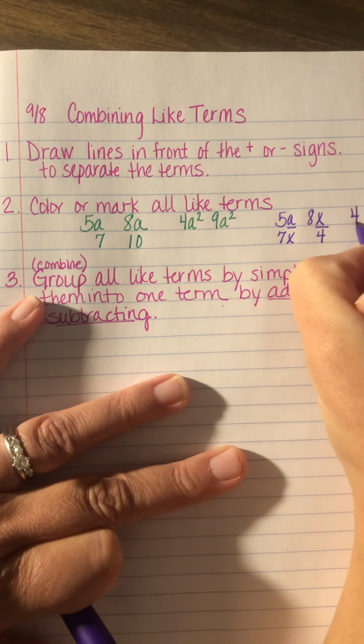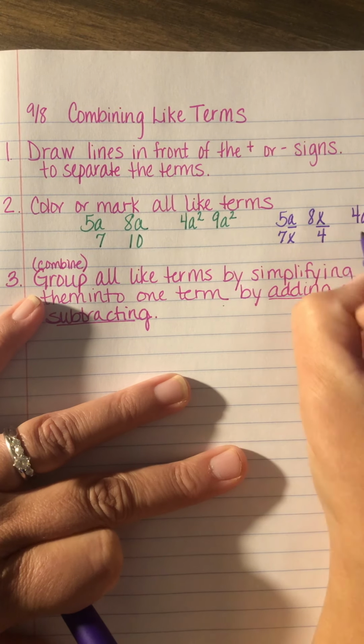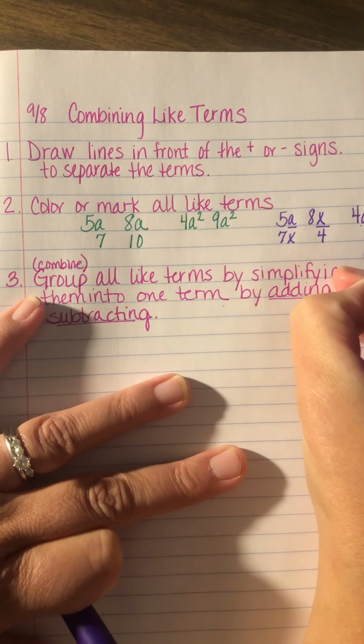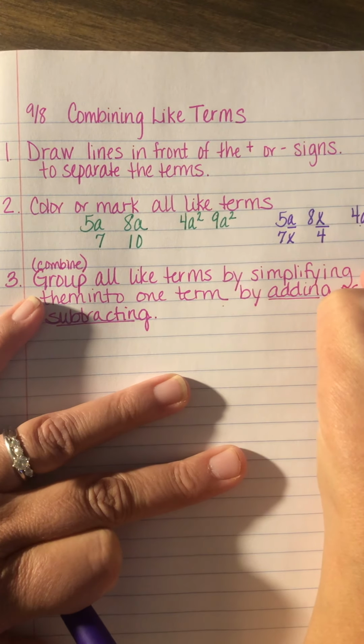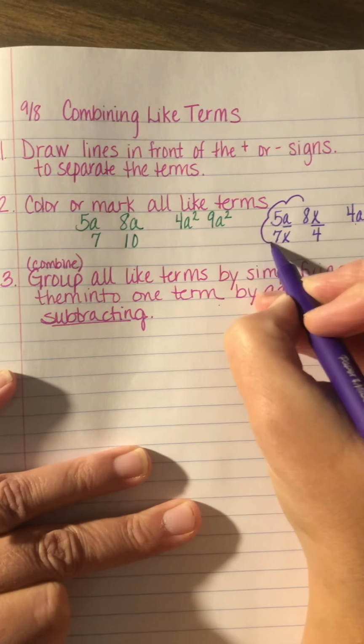Also, if I had like 4a squared and then just 9a, those would not be like terms because they do not both have the same exponent. So these are not like.